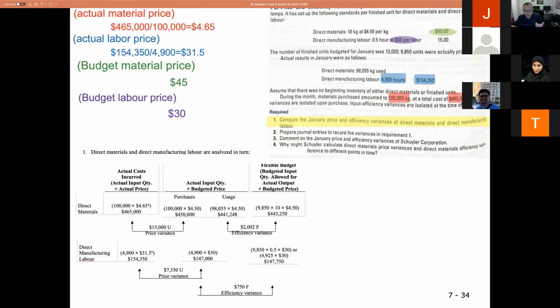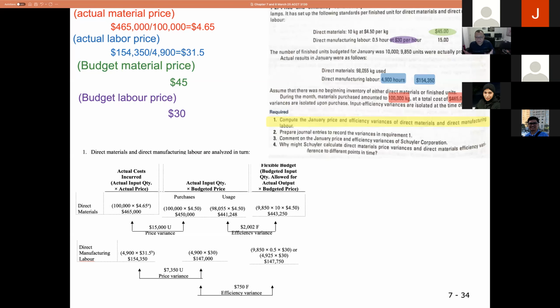In some companies, maybe you try to tie it into performance benchmarks and evaluations, but you just want to keep that in mind. $2,000 favorable, 750 favorable. Are these really significant enough for the managers to make a big deal of? Those are the things for the qualitative discussions.